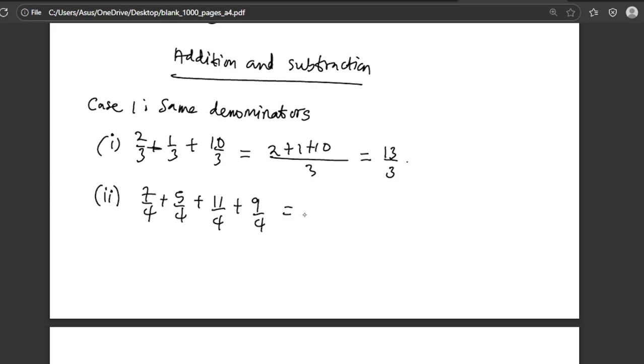What we do, we add the numerators together and keep the common denominator: 7 plus 5 plus 11 plus 9 all over 4. So we are adding 7 plus 5 plus 11 plus 9. That's 32 over 4, right? So we can simplify further here. 32 divided by 4 is 8, so 8 over 1 is 8.